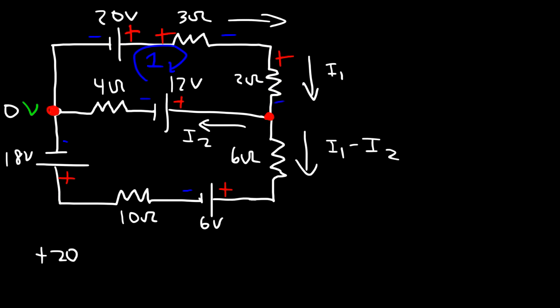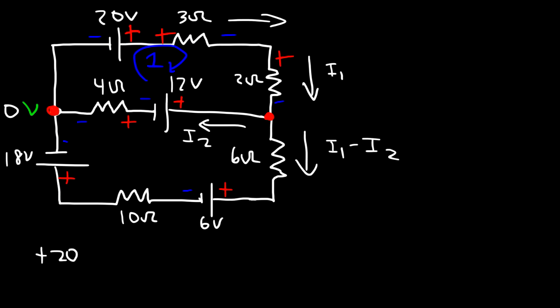We're assuming that I1 goes in that direction, and the current always flows from a high potential to a low potential. So as we flow through the 3 ohm resistor, as we follow the loop, we're going in the direction of the current towards a negative potential or lower potential.